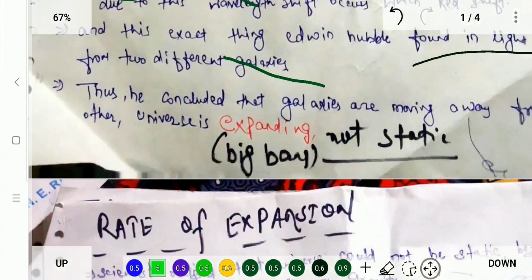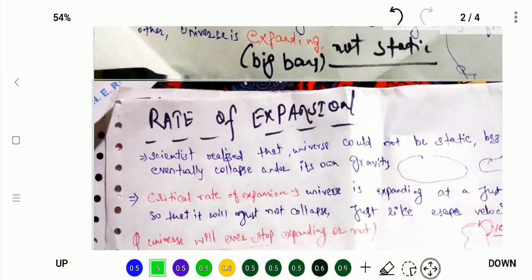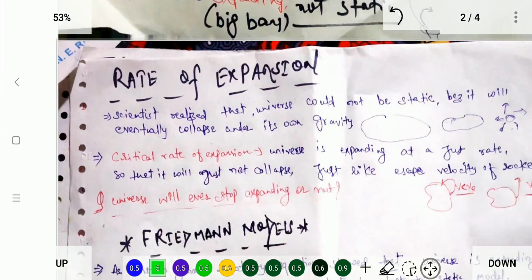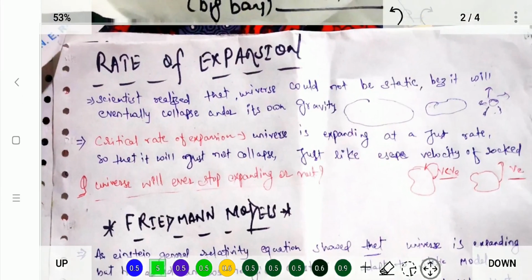So let's move forward now. We know the universe is expanding, so there should be some rate of expansion, and scientists realized that the universe could not be static because it will eventually collapse under its own gravity.